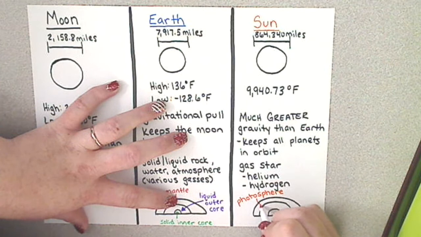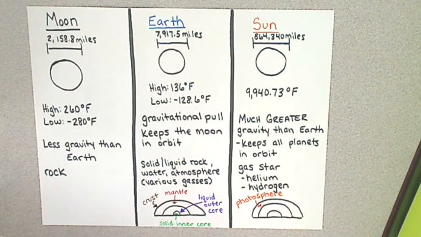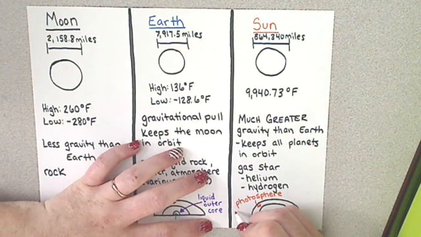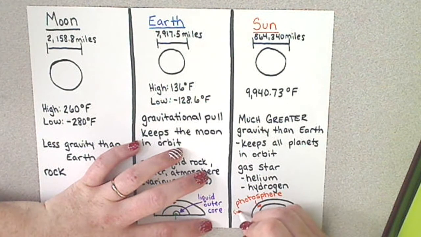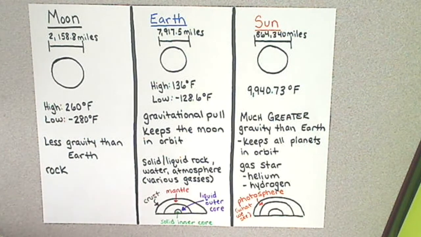The photosphere is this outer layer, and the photosphere is what we see. Okay, so in parentheses, I'm going to put what we see. So when you look at the sun, what you are actually seeing is that photosphere.